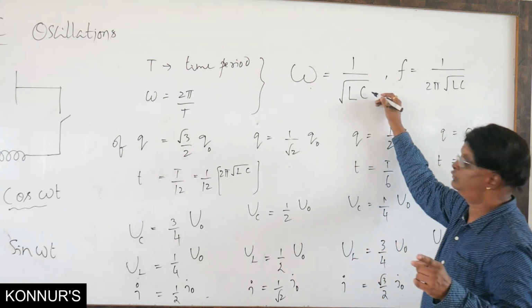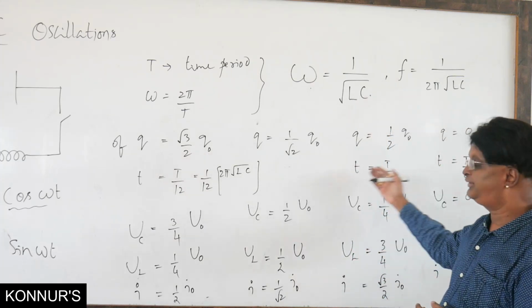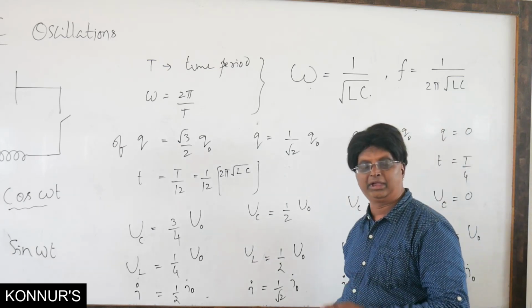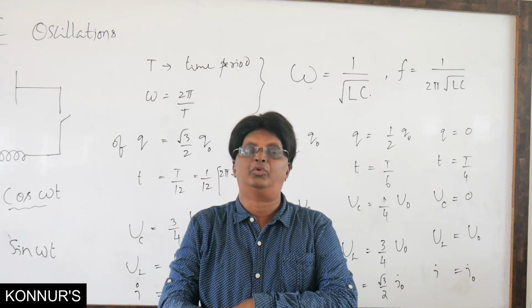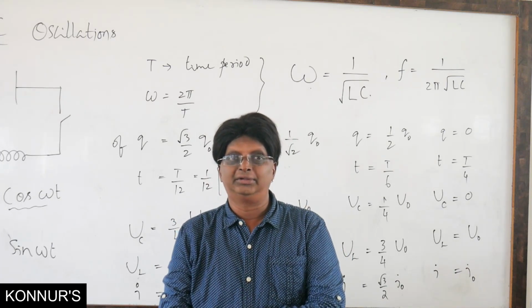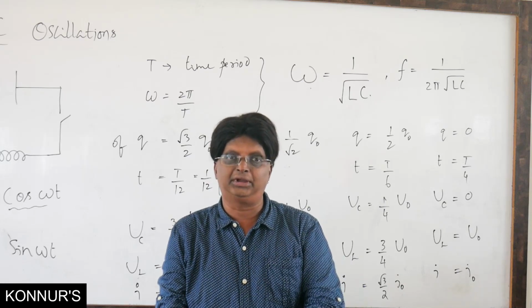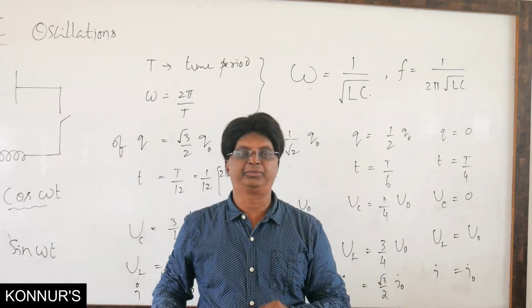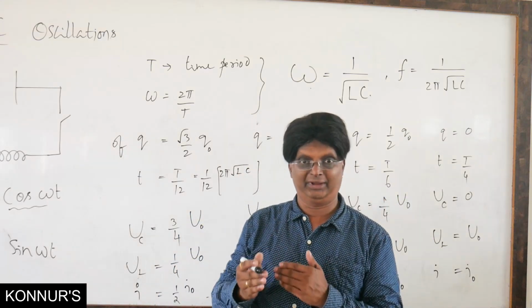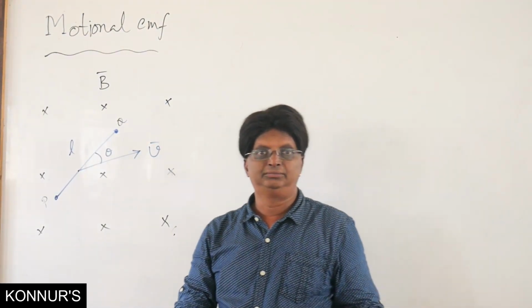The expression for omega, expression for frequency or time period, with this tabular column. See, I am again telling you, these are very tough examples for most of the students, because the concept of oscillations is also linked with sine functions and cos functions, and that is why practice this tabular column once or twice. Yeah.